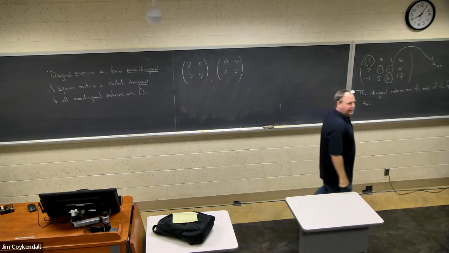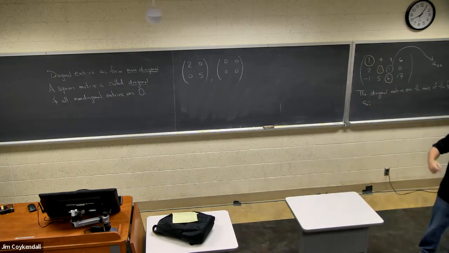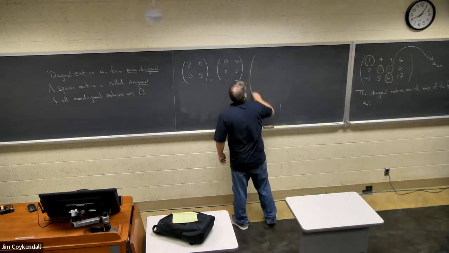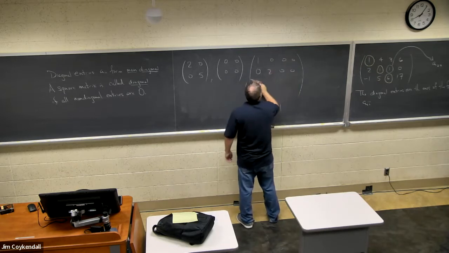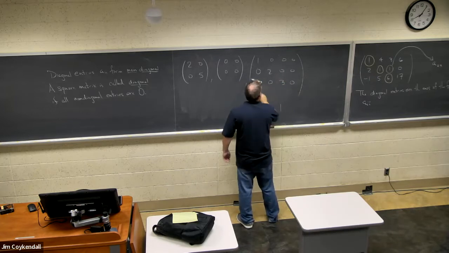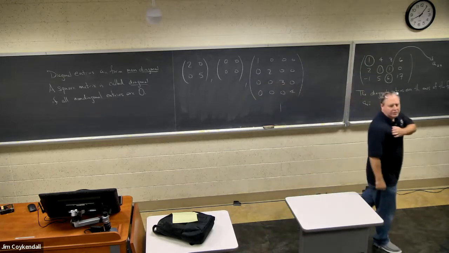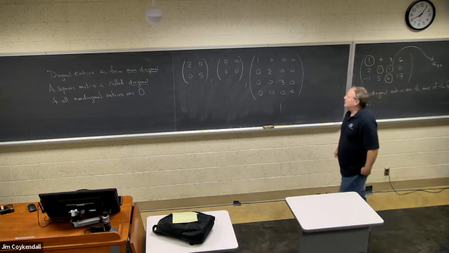That's a diagonal matrix. I mean, that's kind of silly, right? Because my diagonal entries are zero, but still, it's a diagonal matrix. And there's a 4 by 4 diagonal. So everything's zero off the diagonal, and that's all it takes to be diagonal.